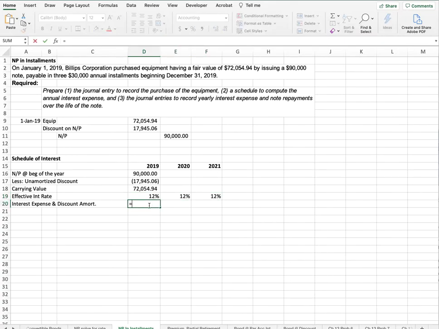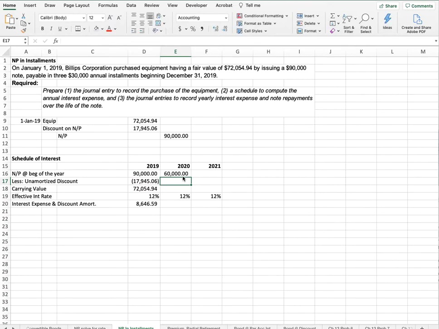And then we can say equals our carrying value times our effective interest rate, and we get $8,646.59. Now the net notes payable as of 2020, again, this is the beginning of the year, is going to be our $90,000 minus $30,000, our payment.